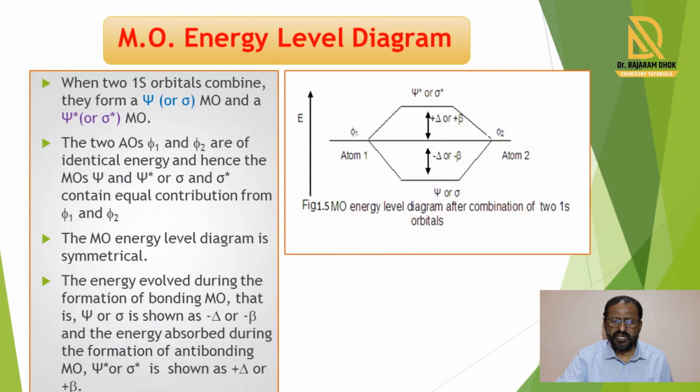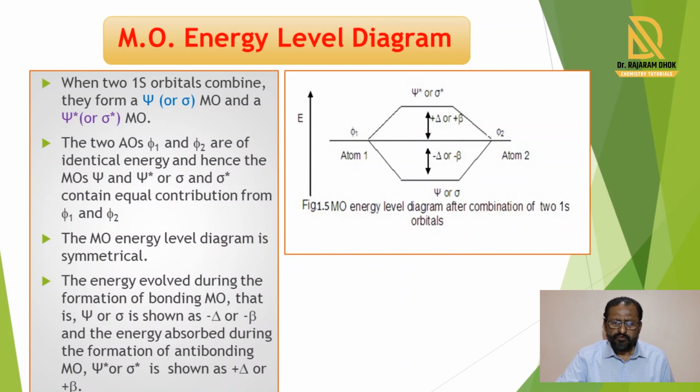When wave functions are different, the atomic orbitals combine linearly and form the anti-bonding molecular orbital, which has higher energy and is denoted by psi star or sigma star. So in the molecular orbital diagram, we show the bonding molecular orbital at the lower side and the anti-bonding molecular orbital at the upper side.